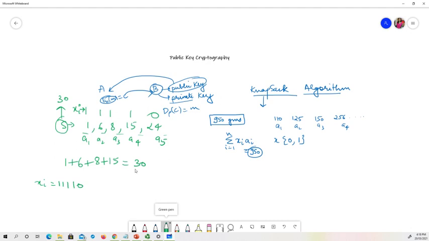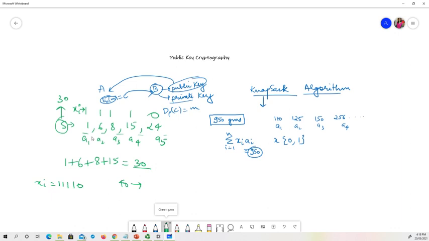Suppose I ask you to generate the number 40. Here you would do some combinations and permutations. All these ai's can have a total of 2 raised to the power of n combinations. So for a set of 5 numbers, it would be 2 raised to the power of 5 combinations that you can generate: 0, 0, 0, 0, 0, then 0, 0, 0, 0, 1, and so on.